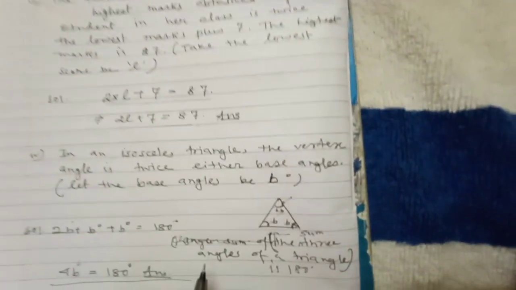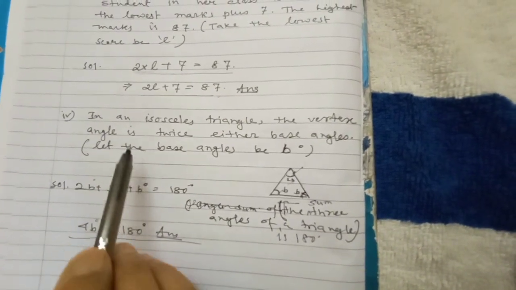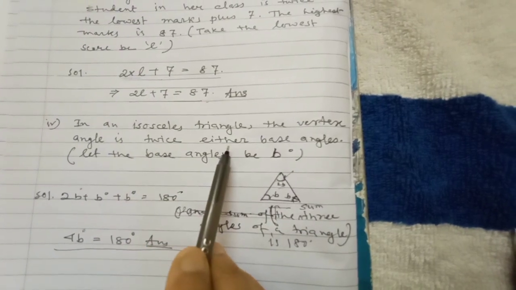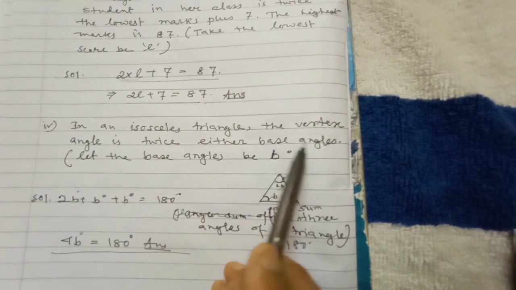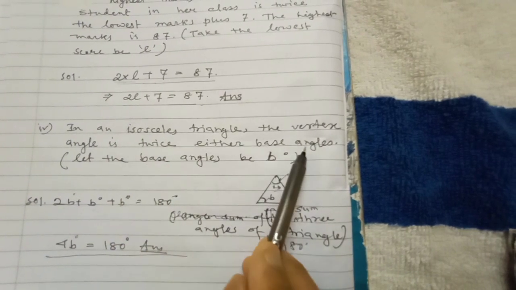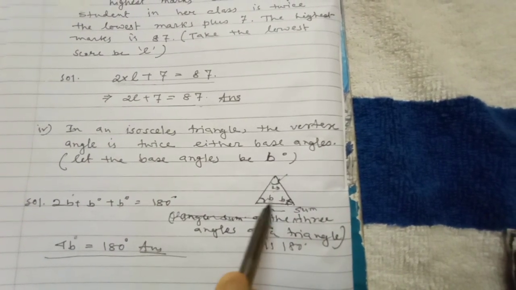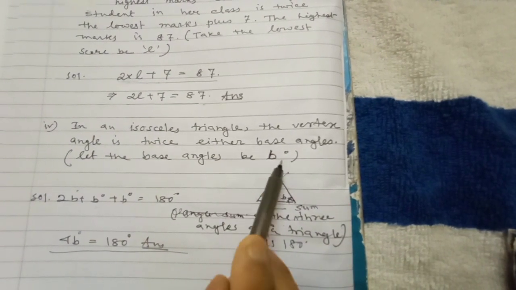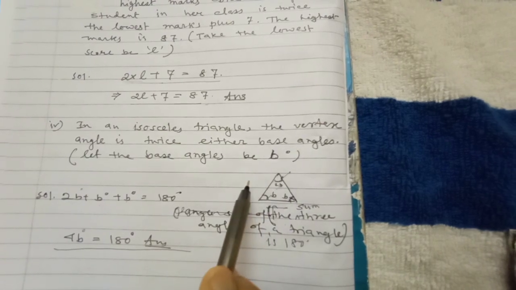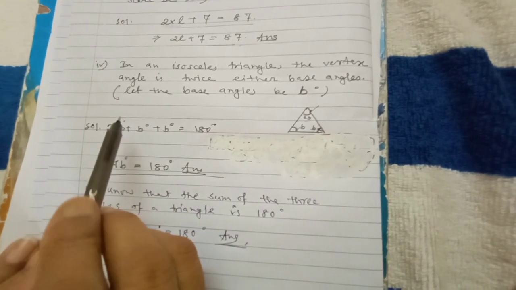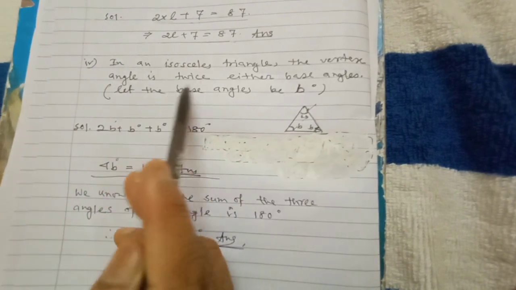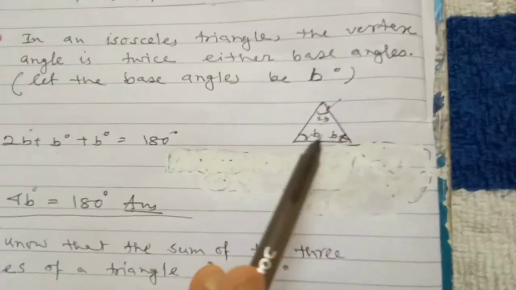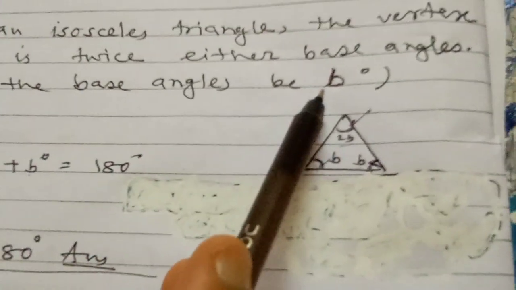Next, in an isosceles triangle, the vertex angle is twice either base angle. Let the base angles be B degrees, it is given in the question.